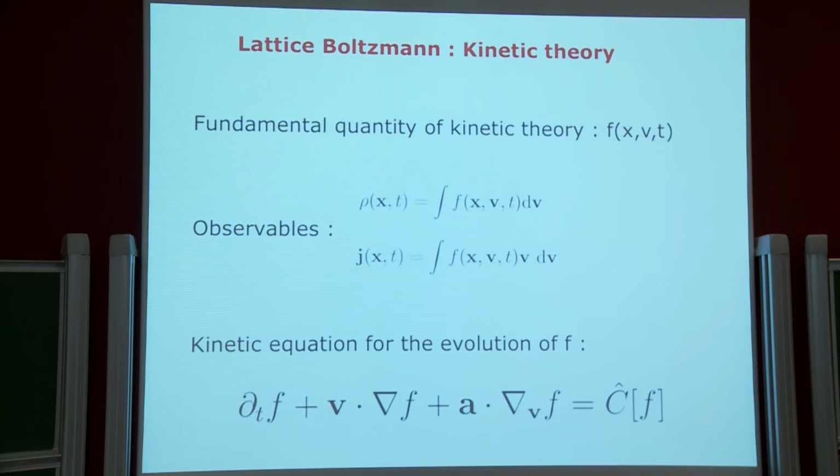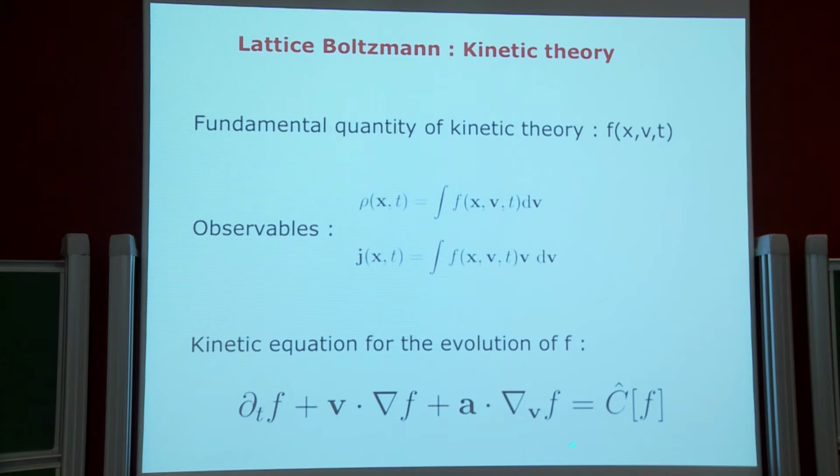Physicists usually don't bother with this type of difficulties, and they can introduce approximations, solve numerically this type of equations, and make predictions for physical systems. And if the predictions are reasonable enough, they don't care about the mathematical difficulties behind it. So that's what I'm going to tell you about.